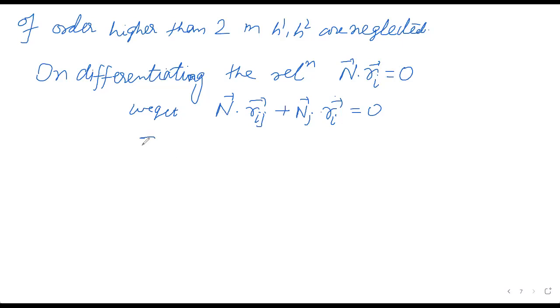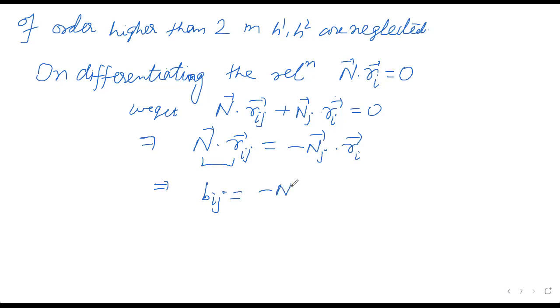So it means what? You got n dot rij is equal to minus nj dot ri, and this is your bij. So this implies that bij is minus nj dot ri or ni dot rj. I can move the index here, because both i and j are running 1 to 2.